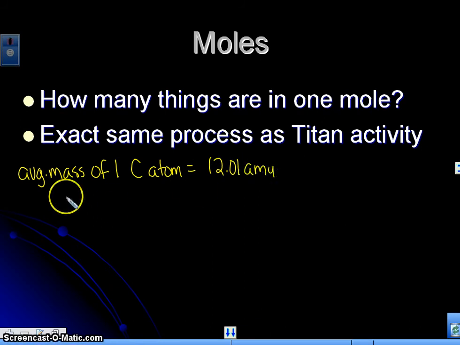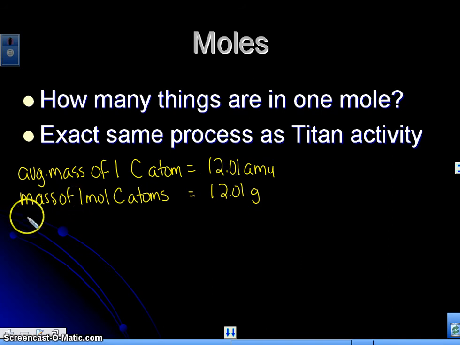The mass of one mole of carbon atoms, or that group of carbon atoms, is equal to 12.01 grams. So we've got 12.01 AMU, and what we're going to do is convert to grams. You know what that means.